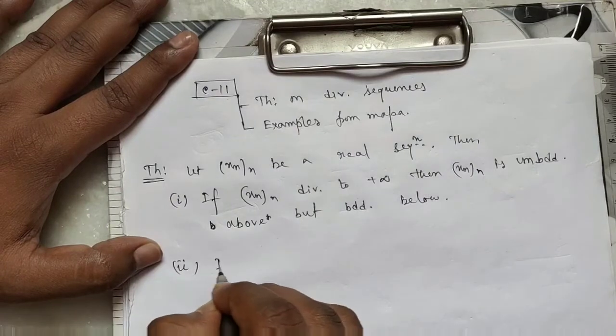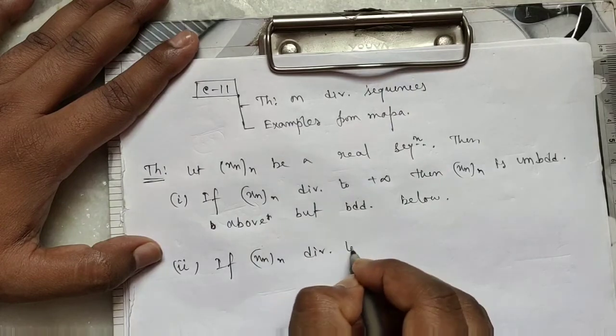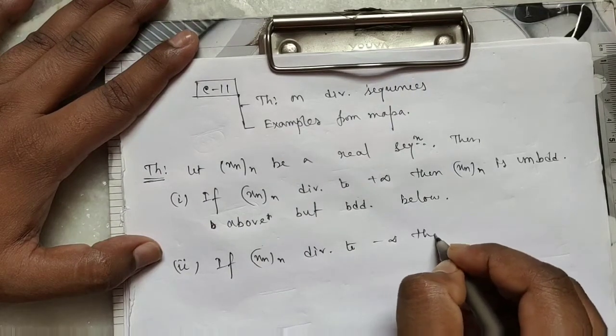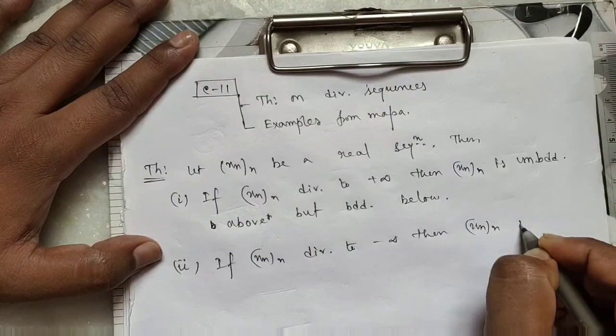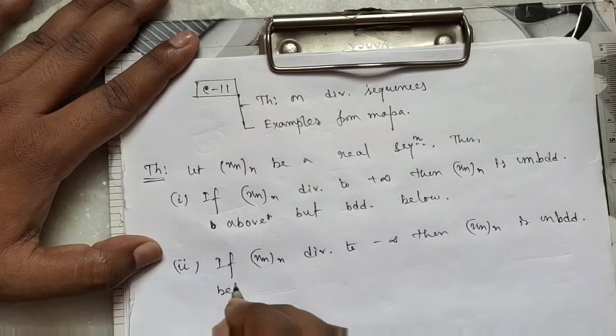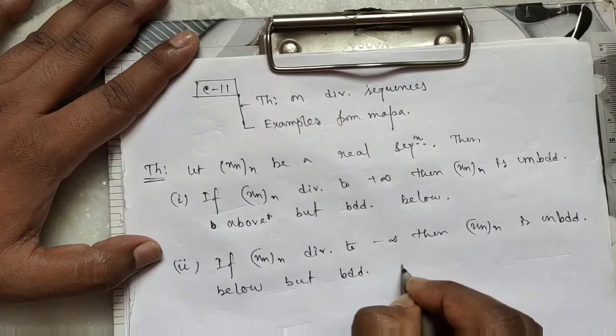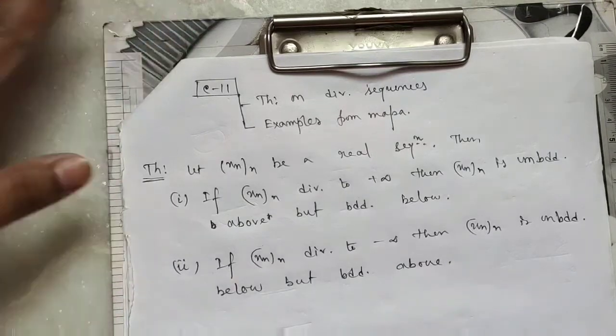And number 2, if xn diverges to minus infinity, then xn is unbounded below but bounded above. Clear?